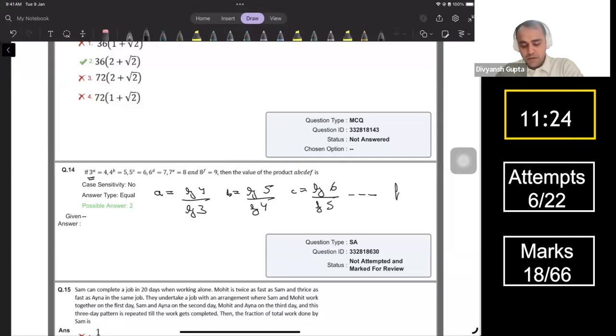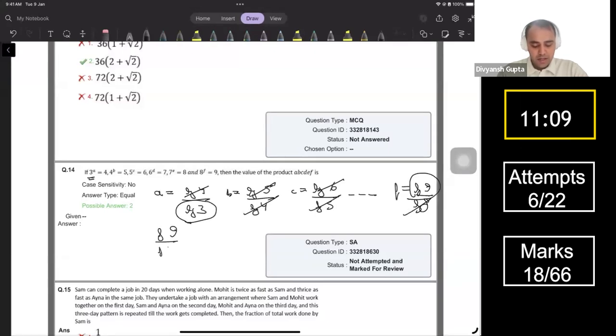Your last, F, will be equal to log 9 by log 8. When you multiply all of this, all the numerators and denominators get cancelled. Your final numerator, log 9, will remain, and your first denominator, log 3, will remain. So your answer will be log 9 by log 3, which is log 9 base 3, which is just equal to 2. So your answer will be 2.